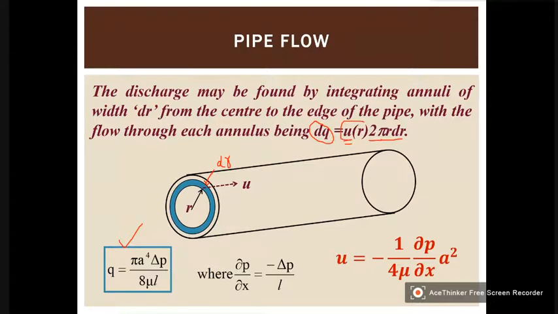So for u, substitute the equation u is equal to 1 by 4 mu into, I am using the general expression lambda, (r square minus a square).